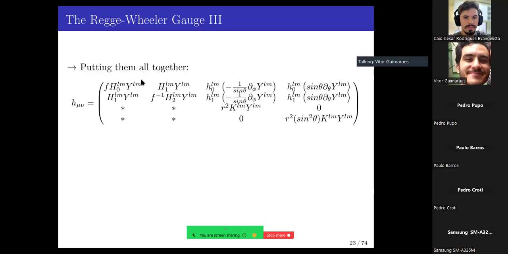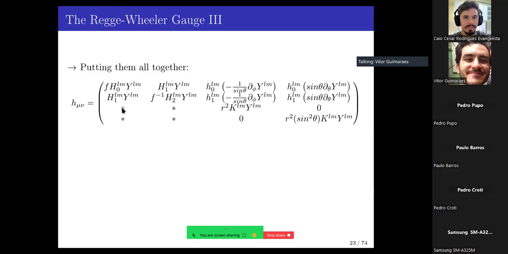This is the full metric perturbation in the Regge-Wheeler gauge. It would look a lot bigger if we didn't use the Regge-Wheeler gauge. We would have other terms here. But these stars just mean that they are symmetric.